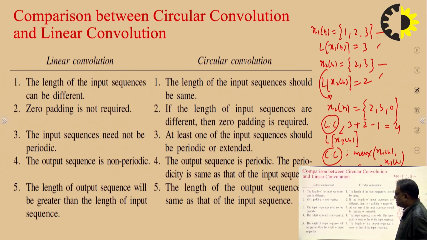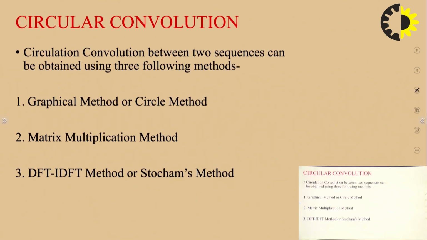So in linear convolution, the length of the output sequence is greater than the length of the input sequences: the input lengths are 3 and 2, and the output length is 4. In circular convolution, the length of the output sequence is the same as that of the input sequences. If we are applying circular convolution between x1[n] and x2[n], then first we have to add one zero over here. Only then can we compute the circular convolution. That's why in circular convolution the length of the convolved sequence is 3. So this is the difference between linear convolution and circular convolution.